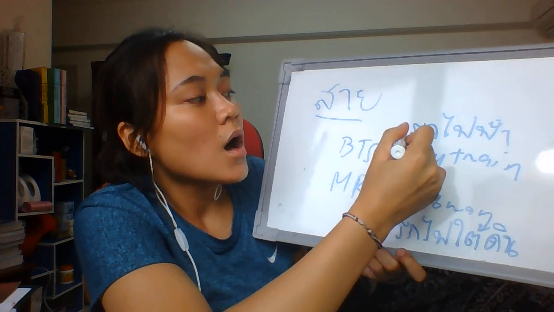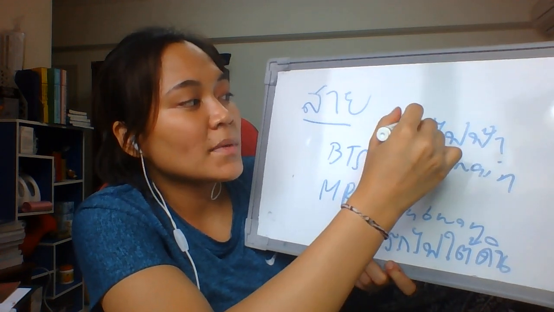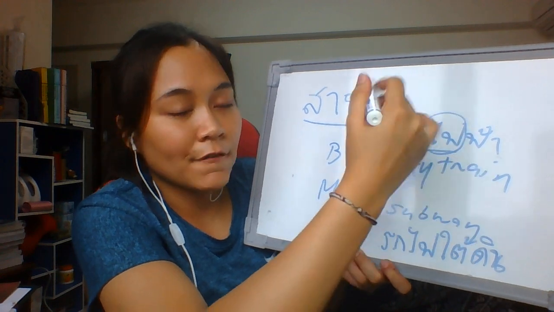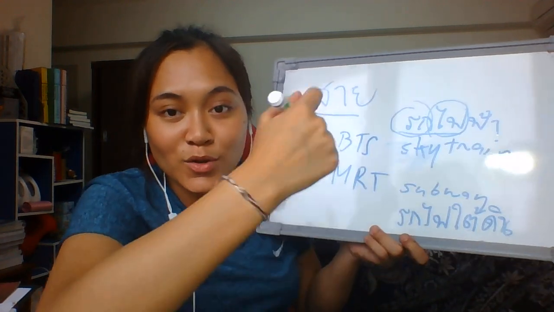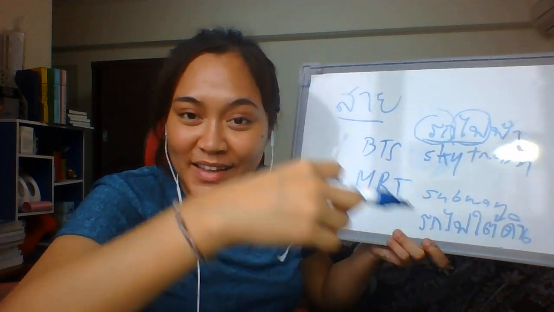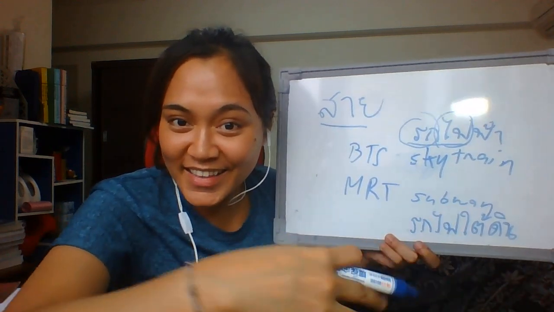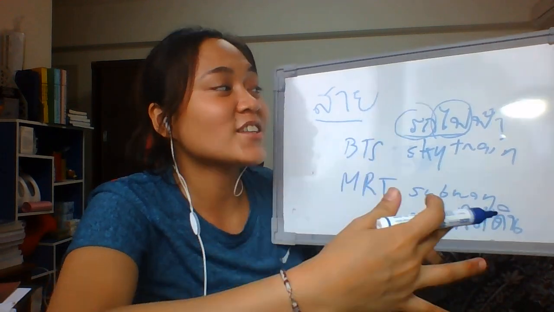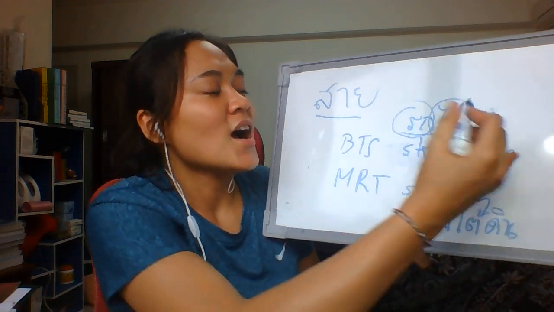In รถไฟ, รถ means a car and ไฟ means fire, because a long time ago trains had to burn charcoal and fire to make energy for the engine.